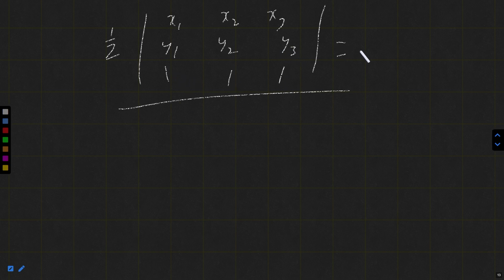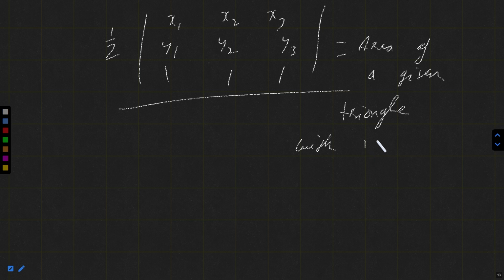This is just nothing but the area of a given triangle with vertices x1 y1, x2 y2, x3 y3.